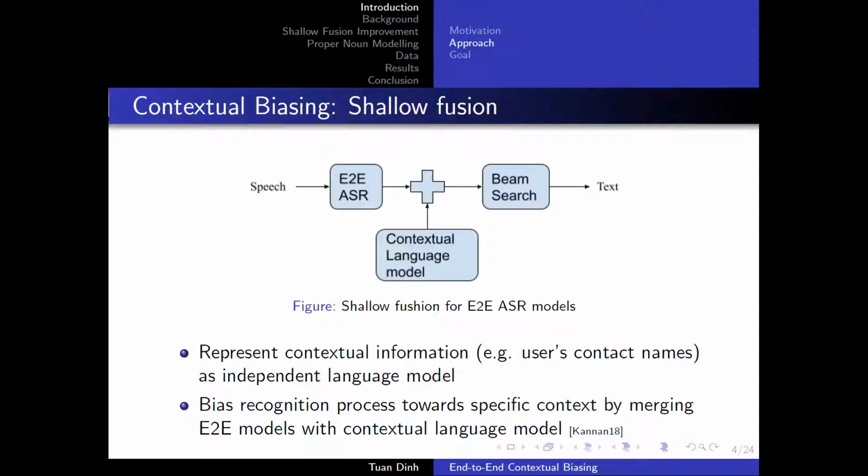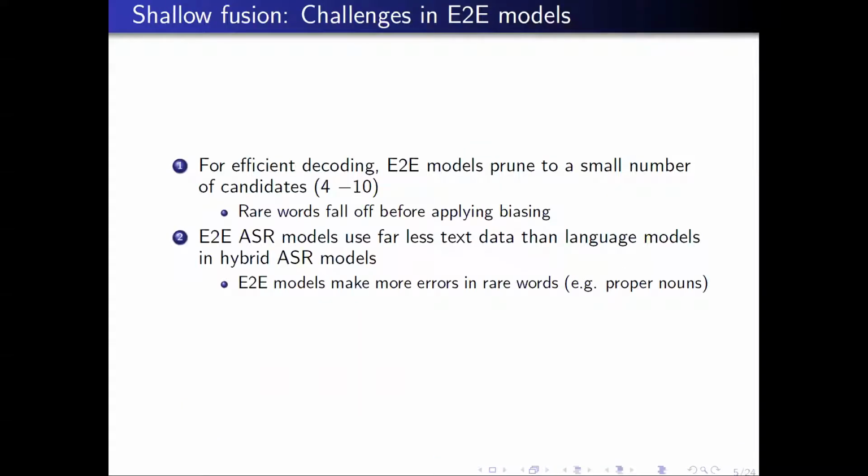One can bias the recognition process towards a specific context by merging end-to-end models with a contextual language model. Applying shallow fusion in end-to-end models is facing challenges.